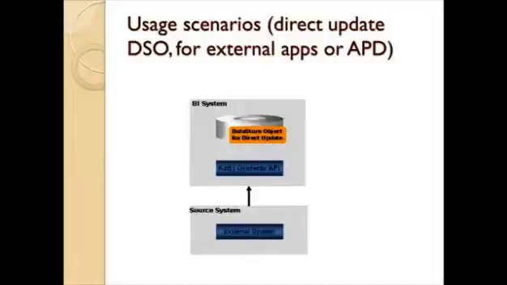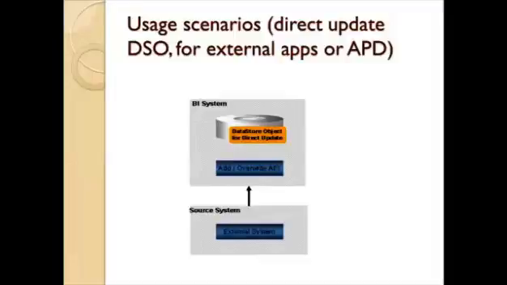Finally, the third type of DSOs, direct update. The usage scenario is that they are normally used as a storage area for external applications or APD. APD stands for Analysis Process Designer, which we've talked about before as a piece of software in the BW architecture that is used mainly for advanced analytics, such as data mining, which we will talk more about in a separate chapter.